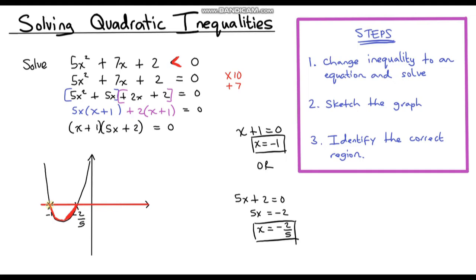Well, it's going to be everything between -1 and -2/5, because it is all of this area here. So if we were to write this out as an inequality, we'd have -1 as our lower bound, -2/5 as our upper bound, and our value for x will be between these two. So it's going to be greater than -1, but less than -2/5. So this here is our solution.